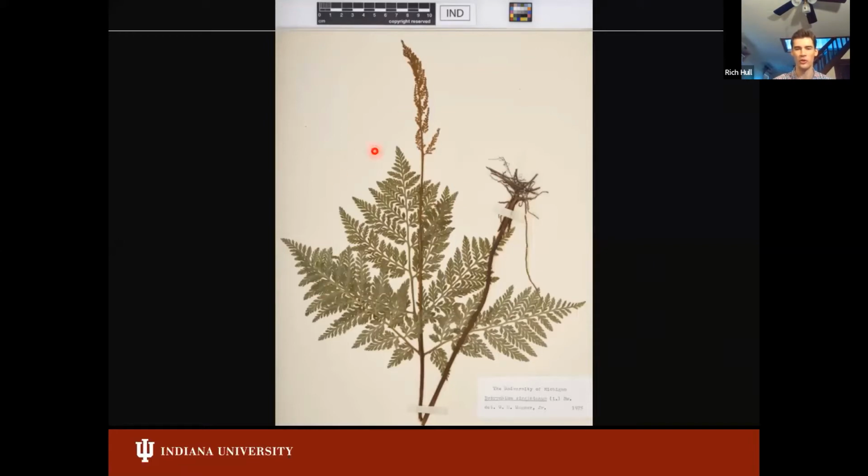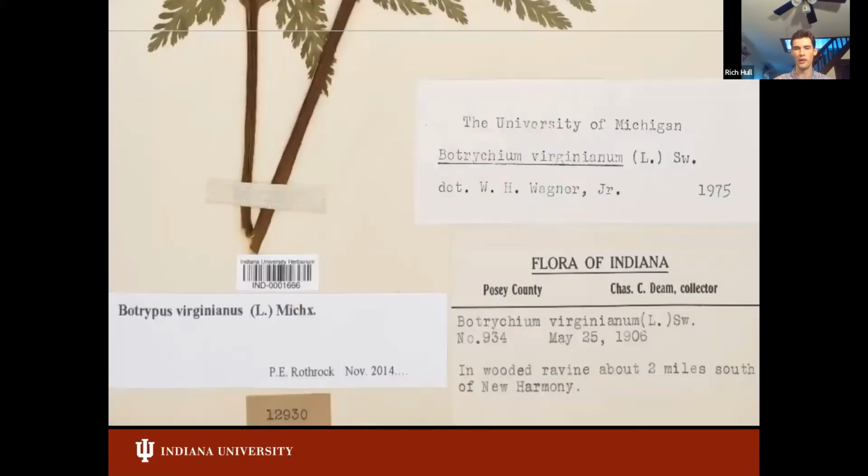So here we have the preserved plant, and then importantly, we have label data here. So this is the old name, Botrychium virginianum. It's since been changed to Botrypus virginianus. And it was collected by Charles Deem in Posey County in the very southwestern portion of the state back on May 25th, 1906.